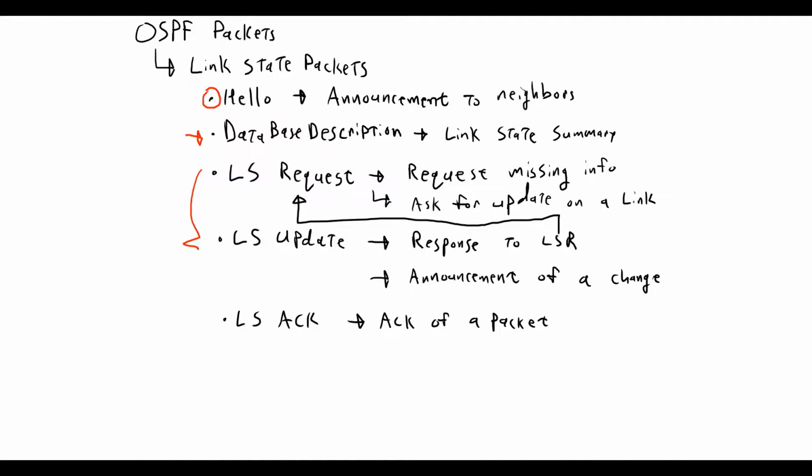During normal operation, these will typically be the most common packets where you're seeing requests and updates, unless a new router joins the network or a router leaves the network. But during normal operation, the request, update, and ACK are the most common packets.